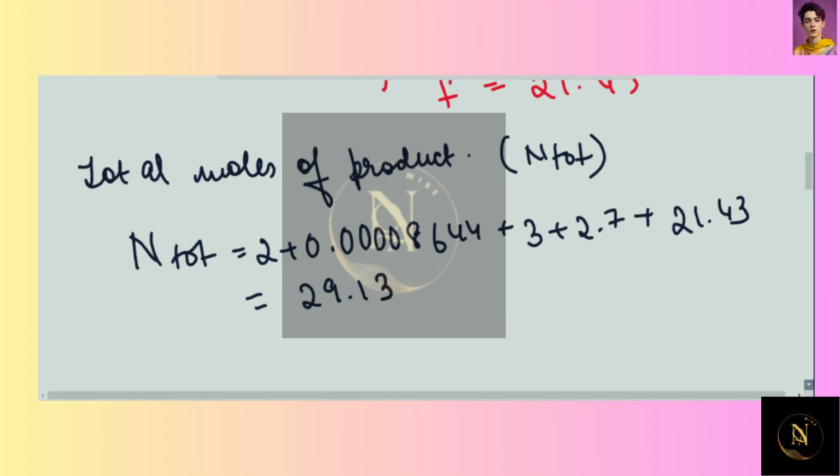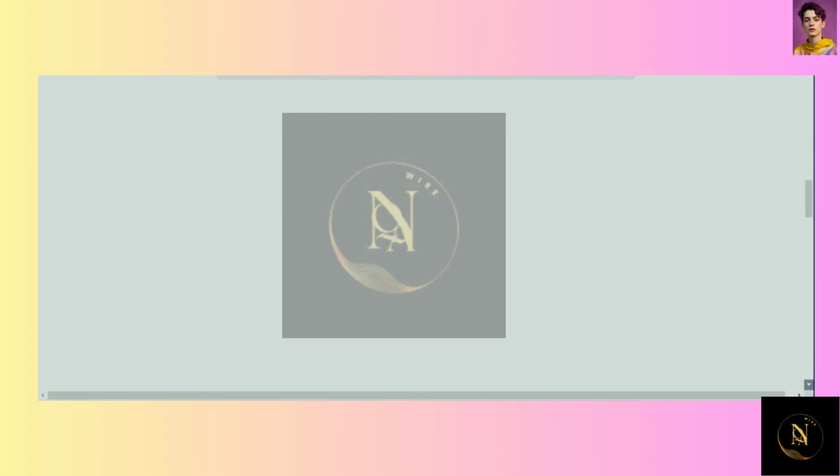Now the assumed equilibrium reaction can be written as CO2 gives CO plus 0.5 O2.